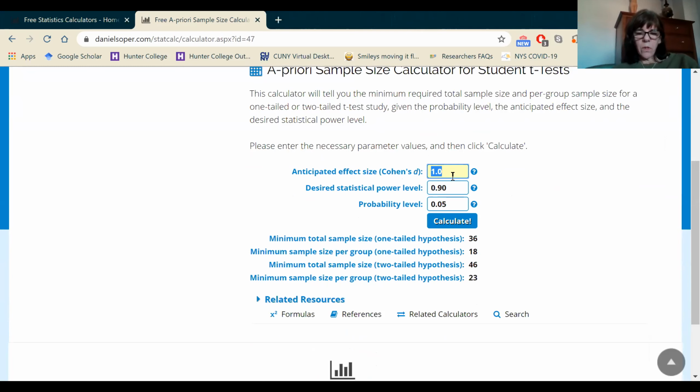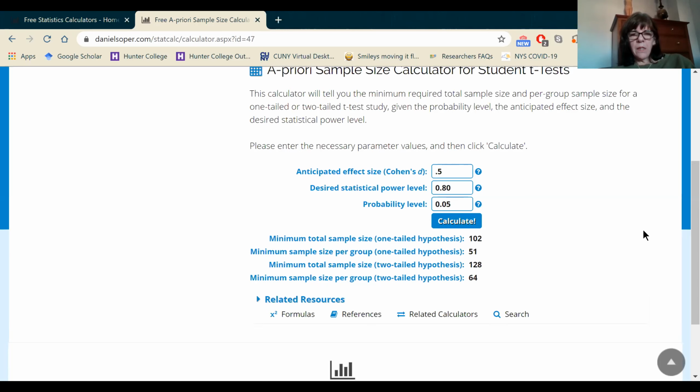If you're looking for a more moderate effect size and you're willing to give up some power, you need 51 people, or 64 people per group for a two-tailed test.